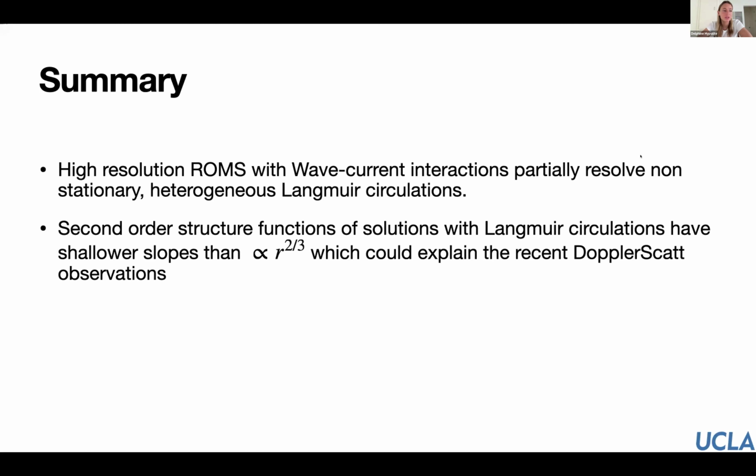I was trying to give a sense of that. In the simulations that I have as of now, we very much suspect that we still under-resolve the Langmuir circulation, because their size, the horizontal spacing between the cells, is still resolution dependent.